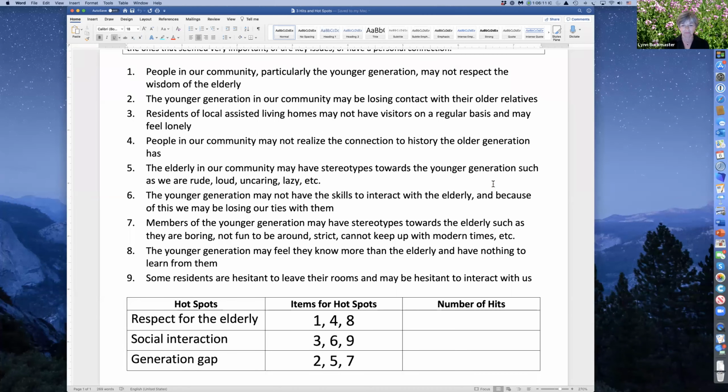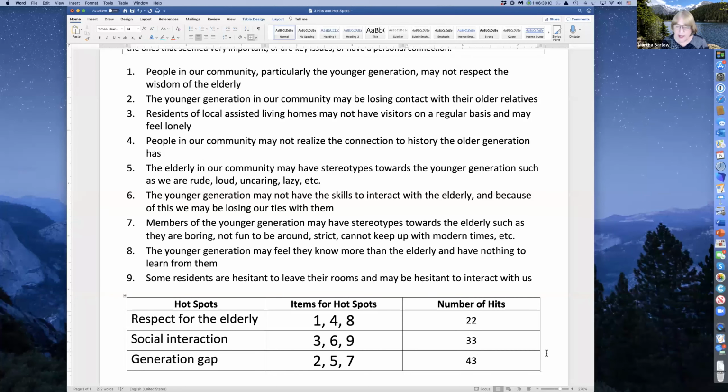Mm-hmm. Okay, all you participants, we apologize. So these were the 9 challenges that you were taking a look at. Do we have a total number of hits for 1, 4, and 8? 22. Okay. What about social interaction? I'm sorry, 33. Okay. And generation gap? 43.